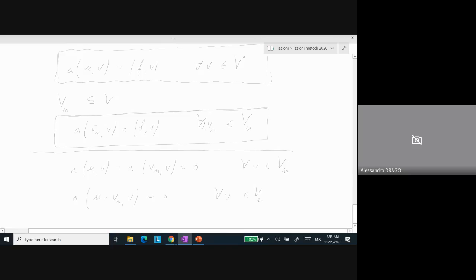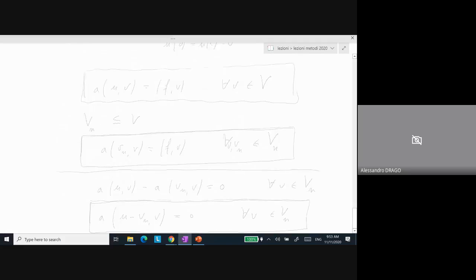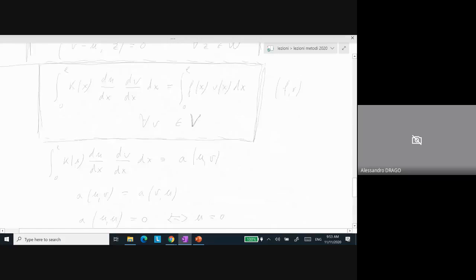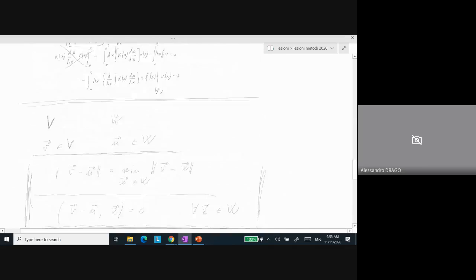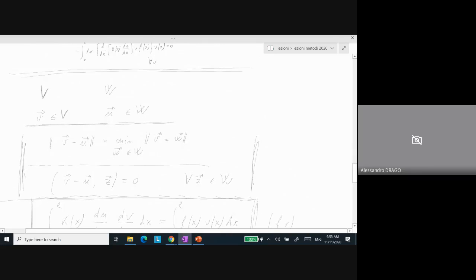So this is exactly the formulation of the little theorem that I have written without demonstrating it before. Let me just check again. The little theorem was somewhere here. The little theorem was giving a sort of definition of what it means best approximation.